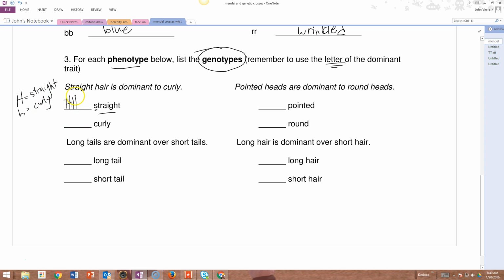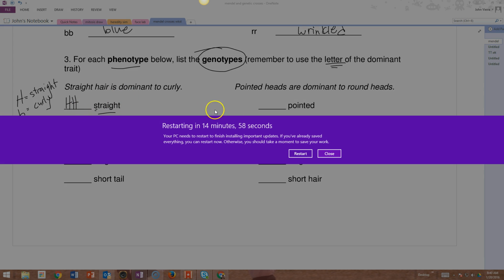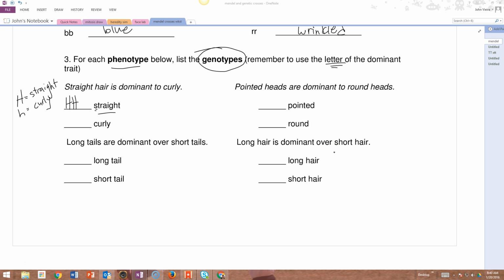Now, big H, does that give me straight hair? Is that the only genotype? We have a big H and little h as well. So remember, if pointed heads are dominant to round heads, I'm also going to use H. You guys could use, you know what? Let's use P. It doesn't really matter.